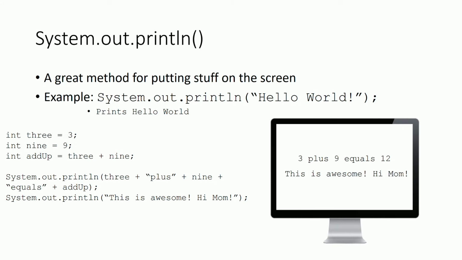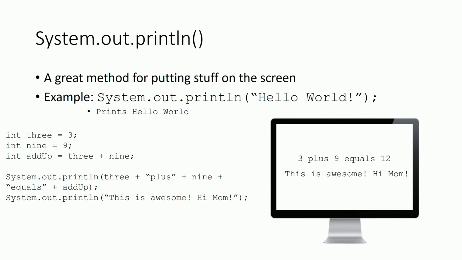And then we're going to say system.out.println. A cool part of the system.out.println method is that we can add things together. So we'll take the variable name 3, and then we'll put a plus sign, and then in quotations plus, then another plus sign, 9, plus equals, plus add up.